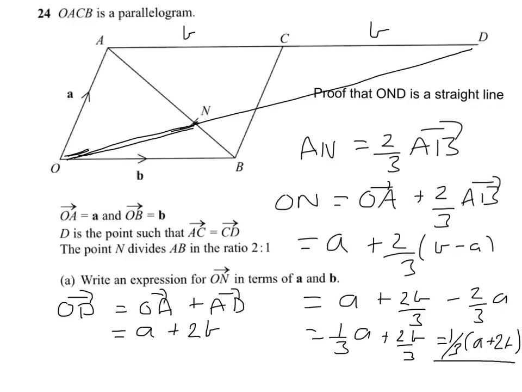OD in fact equals 3 lots of ON, and of course it has the common point N. Once you have a common point and you're going in the same direction, then you must be a straight line. So we've shown that OD equals 3 lots of ON, and it has the common point N, and that proves that OND is a straight line.